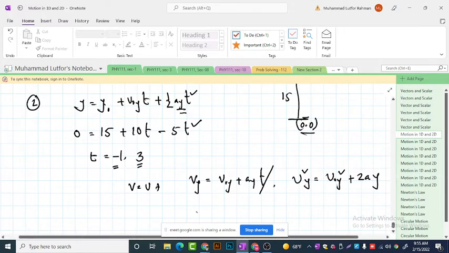If you use any equation, you will find v would be basically 20 meters per second. That's how we can use those equations to solve this type of motion.